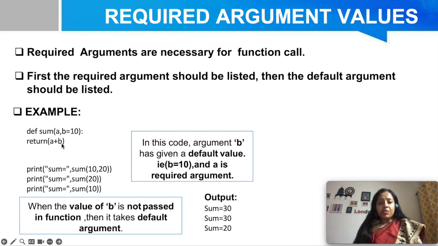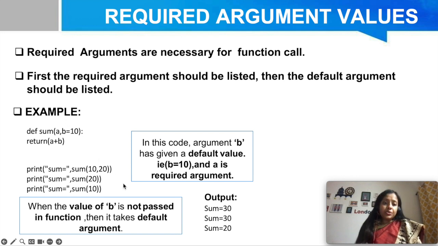So what is the output now? a plus b will be 10 plus 20, that is 30. In the second and third cases, since we have not passed the second argument, there is only one argument. In this case, it will be taken as the required argument, that is a.